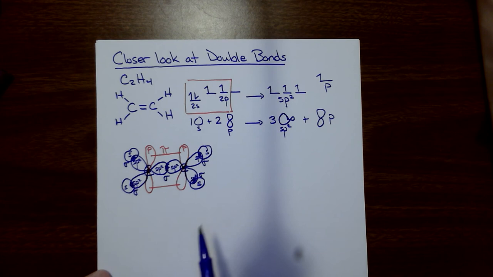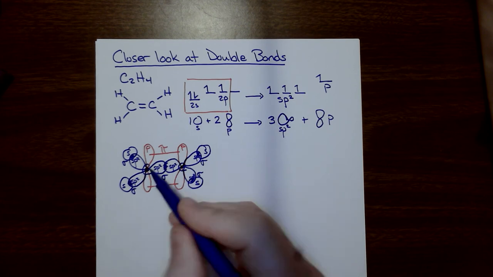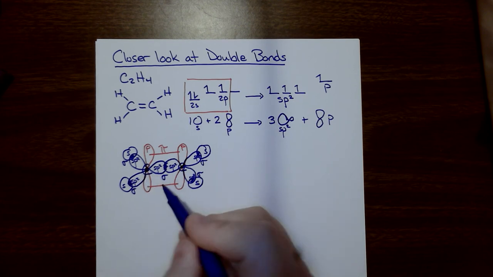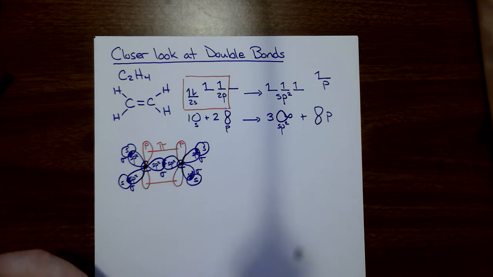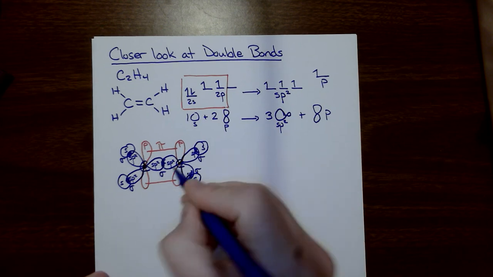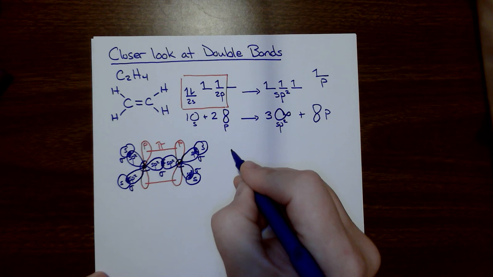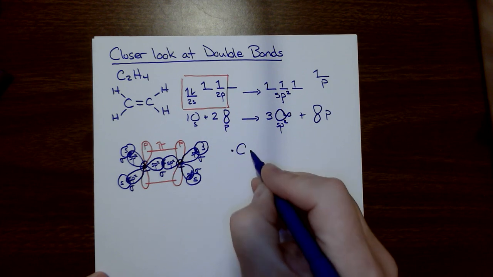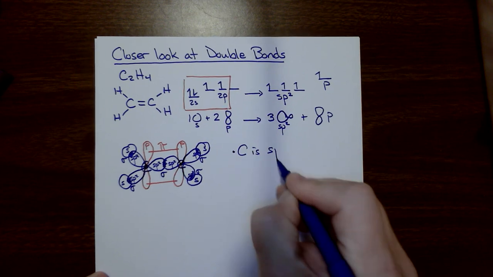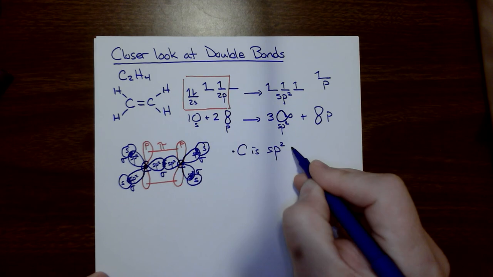So if I look at just one carbon, we're just going to pick one carbon. And in this case, we know that because they're both the same, I can look at one. Carbon is sp2 hybridized.